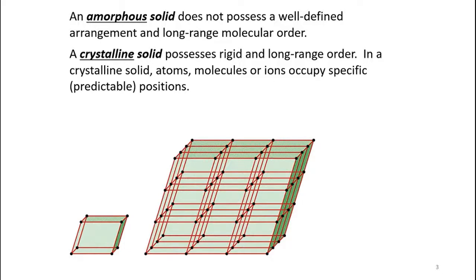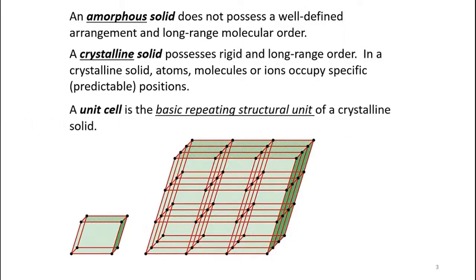Let's consider the diagram here that we see. For example, let's consider that a crystal lattice of a solid is formed perhaps by the expansion in 3 dimensions of a single unit cell, the basic repeating structural unit of a crystalline solid. So you can see the crystal lattice in the middle as essentially an extension in 3 dimensions of the single unit cell that you see here on the bottom left.